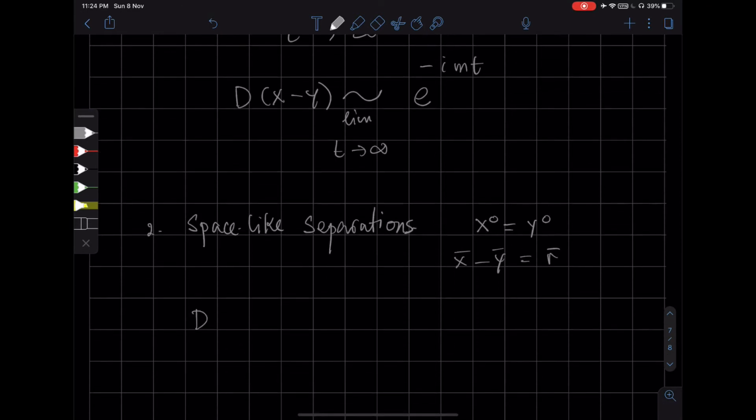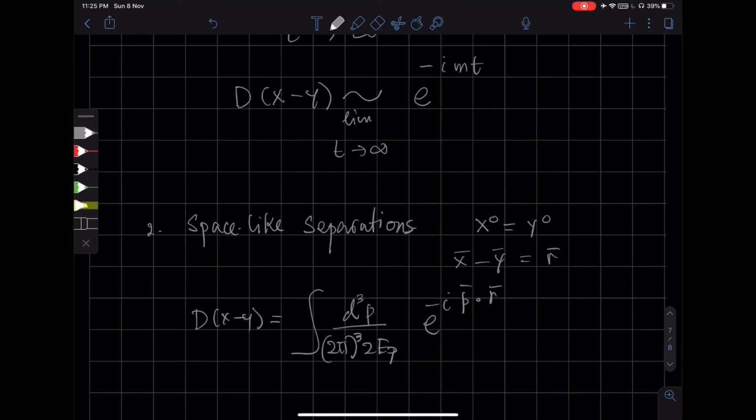Then our propagator becomes the integral of d cubed p over (2 pi) cubed 2 E_p, e to the power minus i p dot r, with three-dimensional vectors.